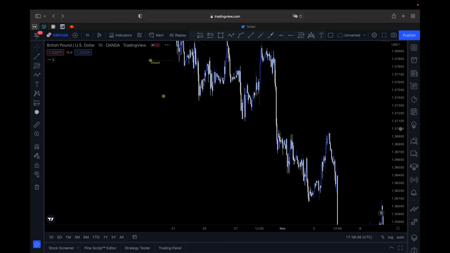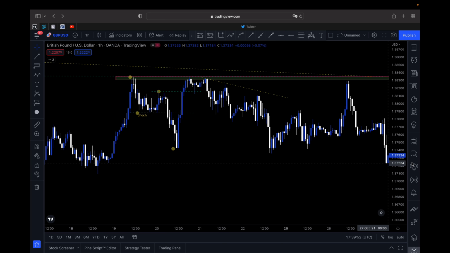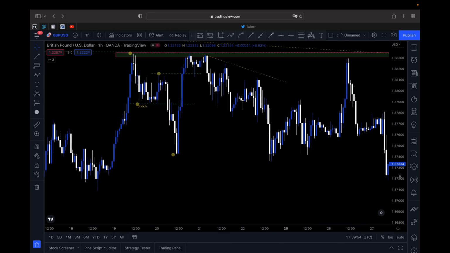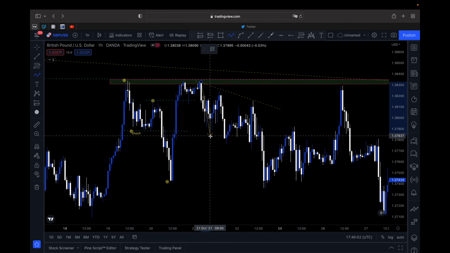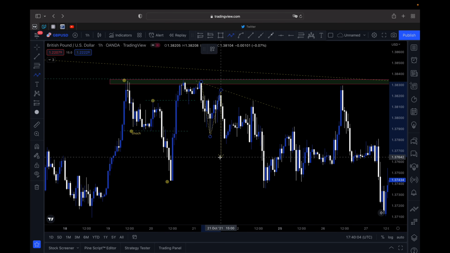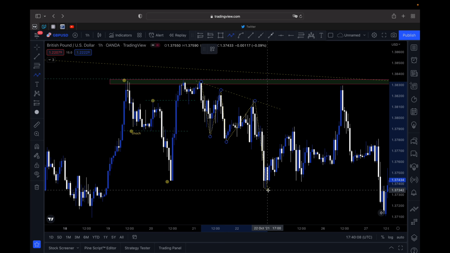So here, moving down to the 1 hour time frame, you can see that price was consistently creating higher lows and higher highs, but on a steep, choppy, confusing trend.